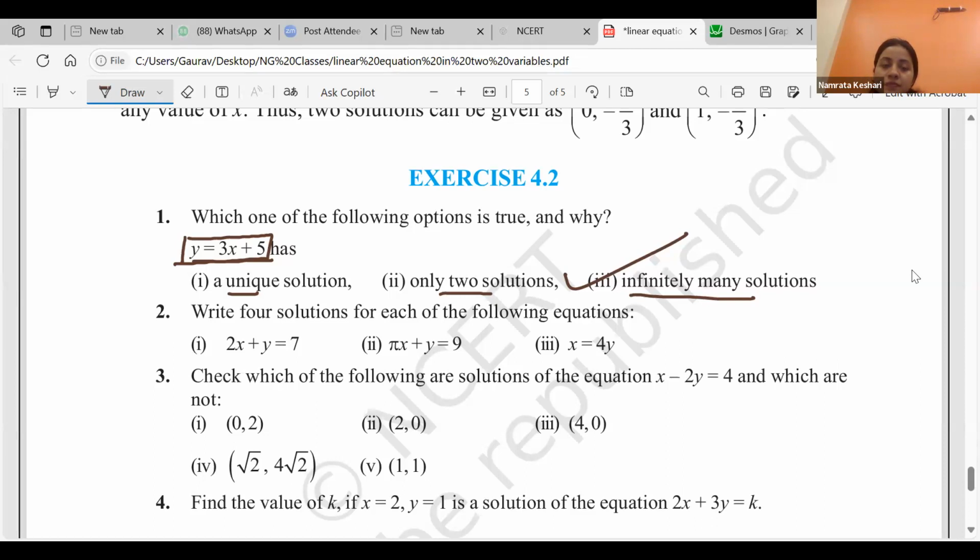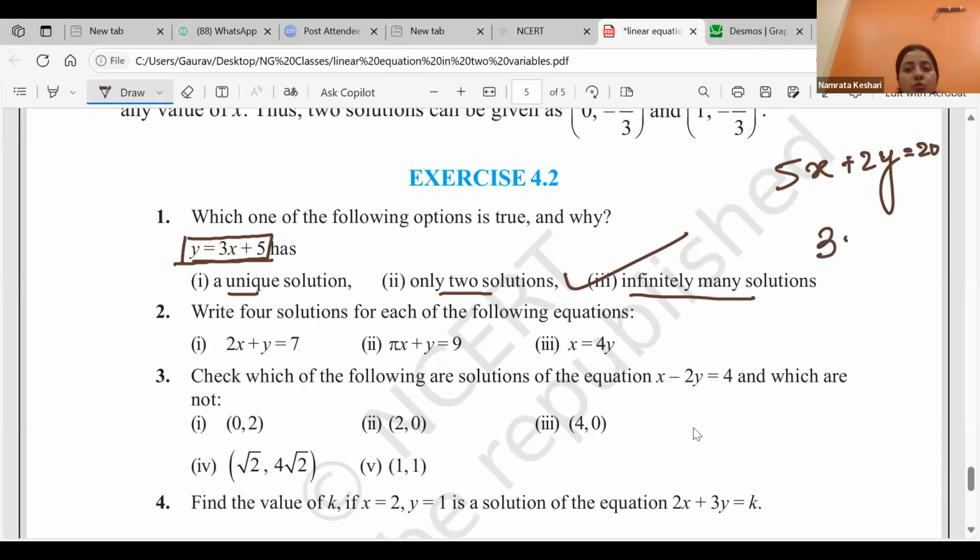Yes, ma'am. So in the first exercise a word problem was there, that we'll be doing, and from here the second part, third part, we will discuss in detail in the next class. So from now onward, whenever I give you a question that 5x plus 2y is equal to 20, how many solutions are there, you will say infinitely many.